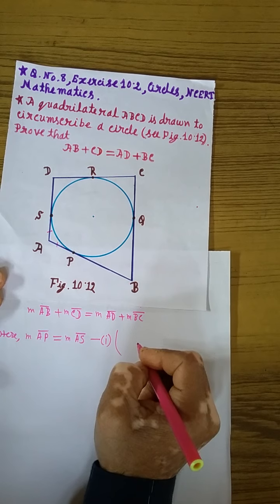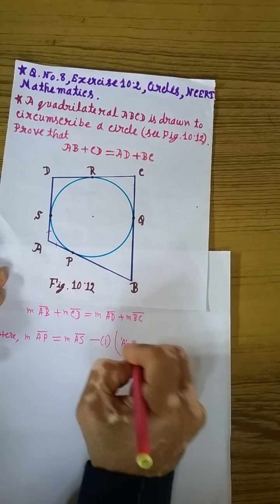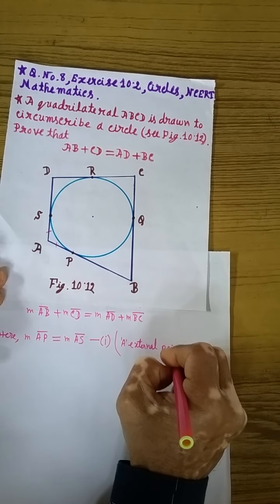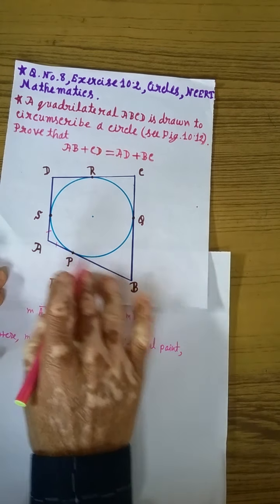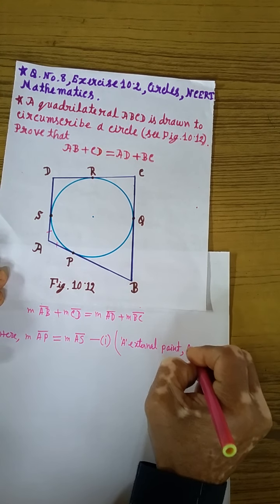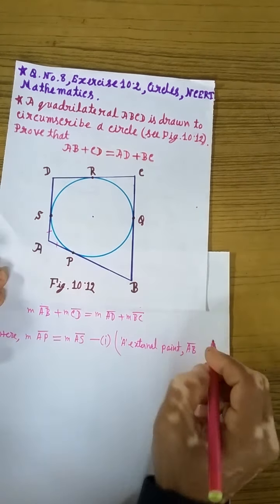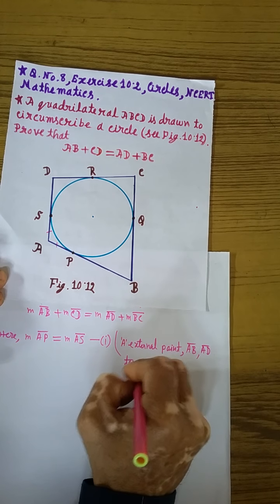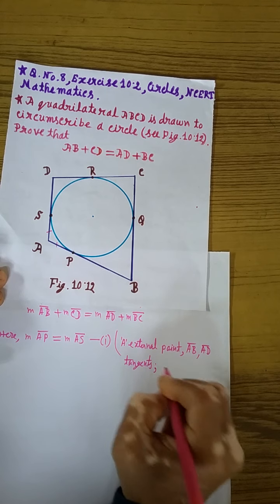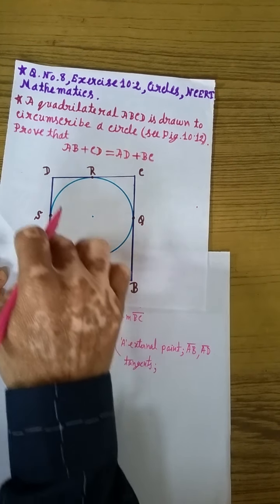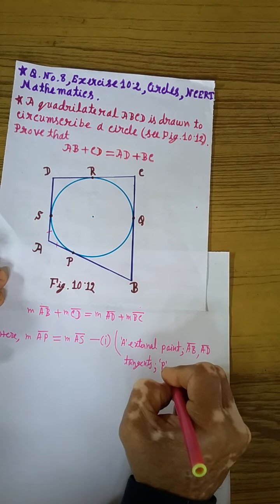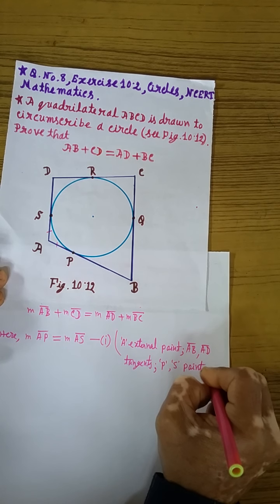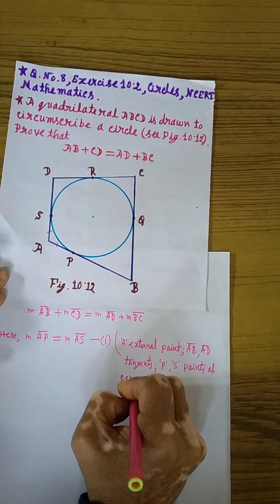After this, write within bracket: A external point, AB, AD tangents, P, S points of contact.